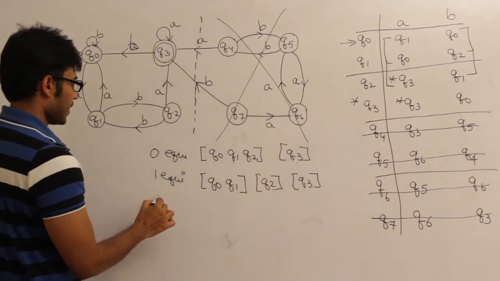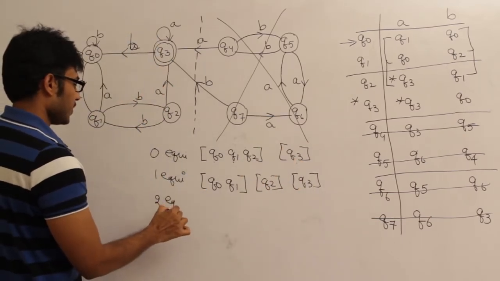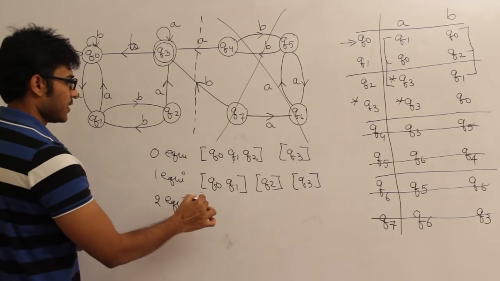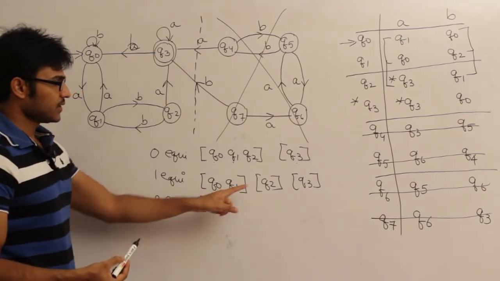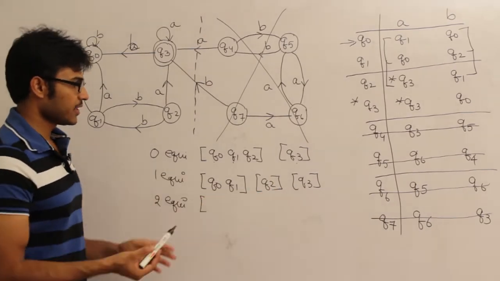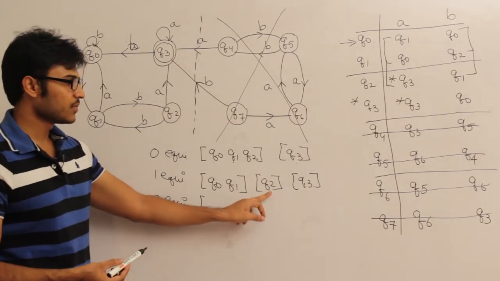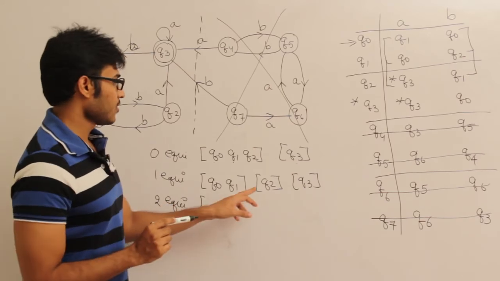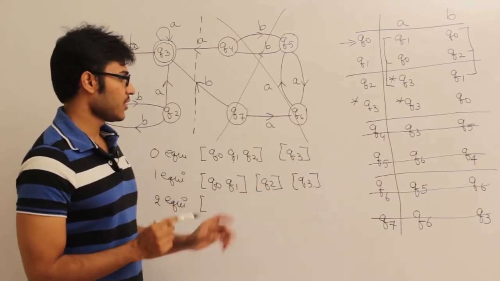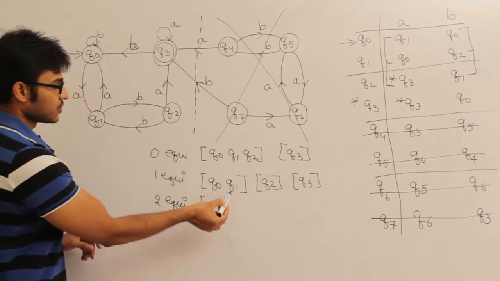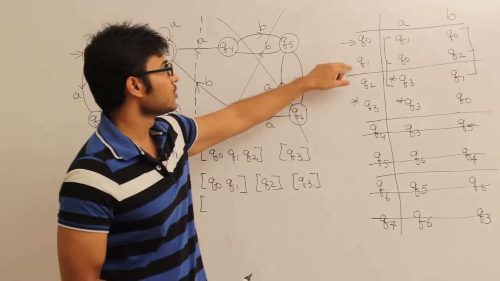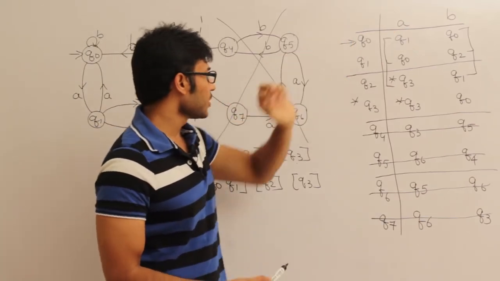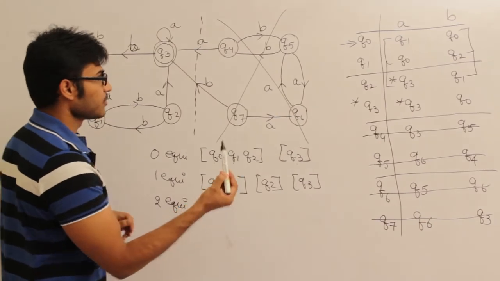Fine. Now again let us check 2 equivalent. How can I check 2 equivalent? Now see, these two have already been separated and they are the singleton sets in their group. Therefore, I need not check about them. They are not equivalent to any of the states. Now let us see these two, Q0 and Q1. On small a they are going to Q0 and Q1 and both are in same group.